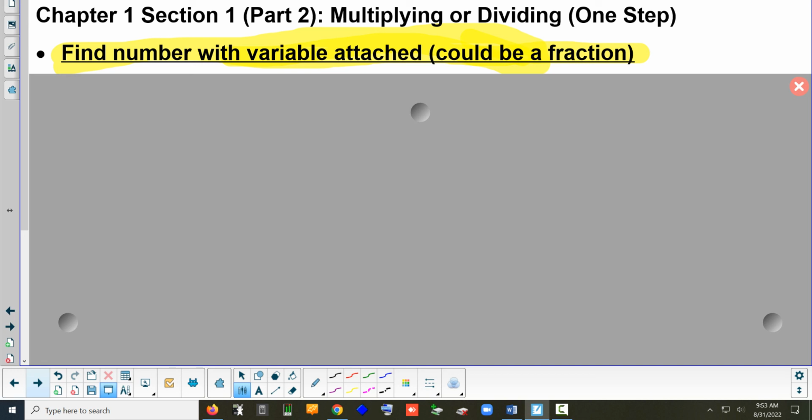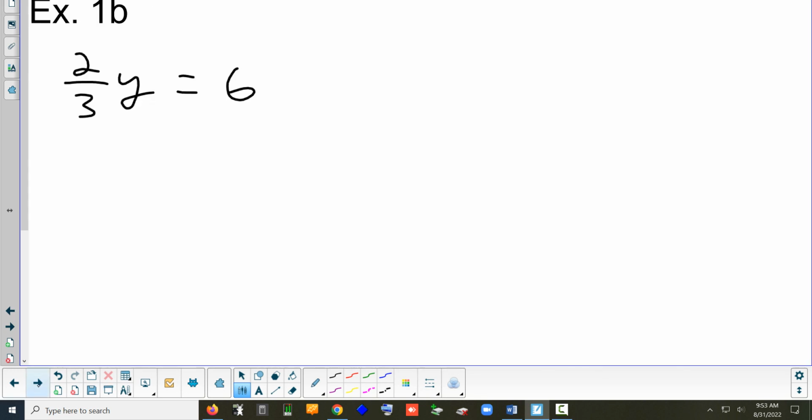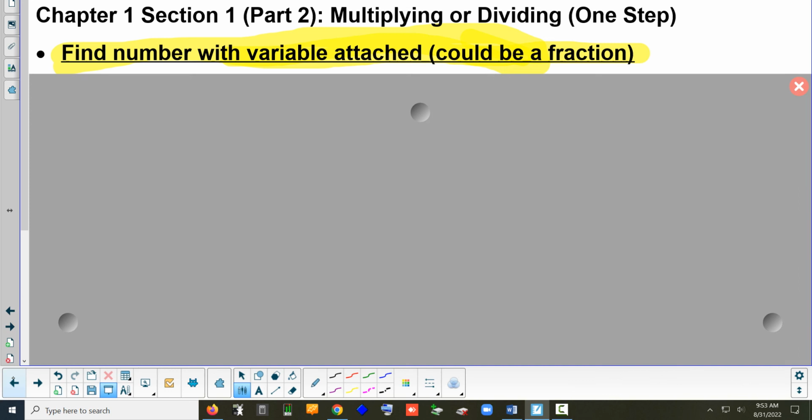So just to show you what I mean, in this case, 2/3 is attached to the x. So that's the first thing: find the number that's attached to the variable.